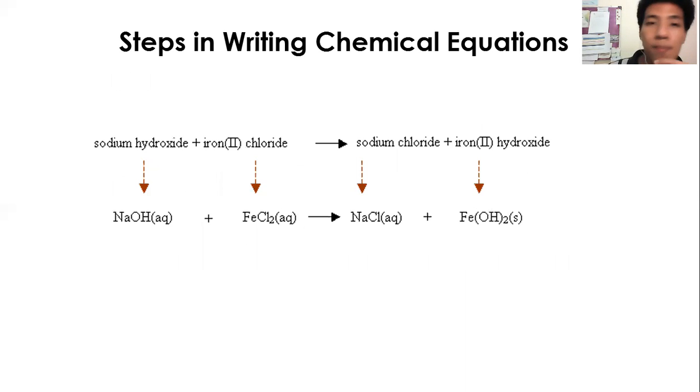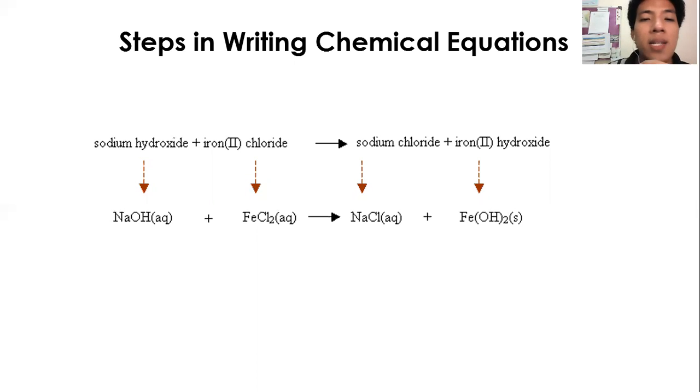So here, our chemical formula for sodium hydroxide is NaOH, and remember, we have to indicate the state symbol, which is AQ, plus iron(II) chloride, FeCl2, AQ, yields, so we put an arrow, and then NaCl, which is AQ, plus Fe(OH)2, which is a solid. So we have to indicate the physical state of a given substance or compound. If that is the case, that's the complete chemical equation already.